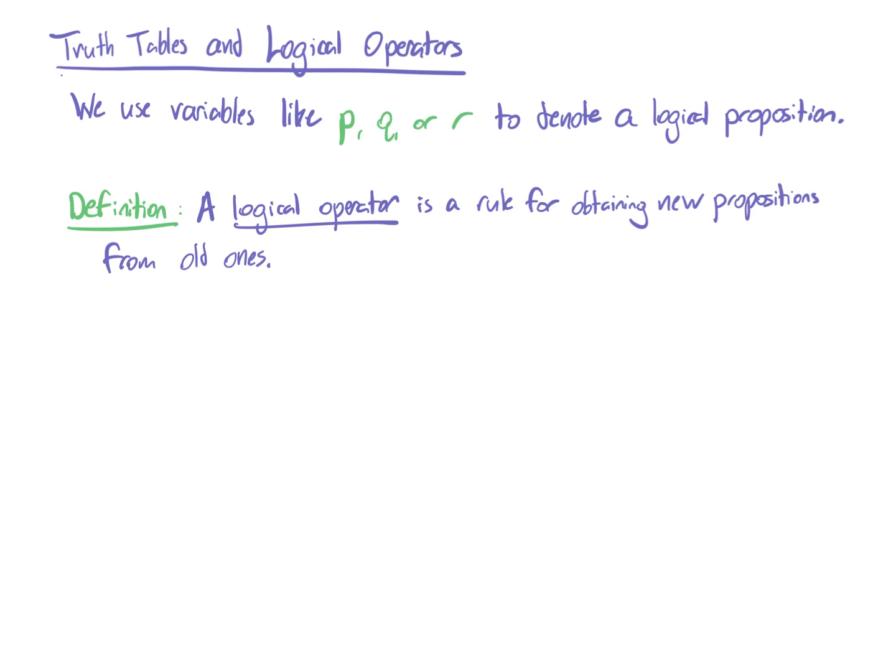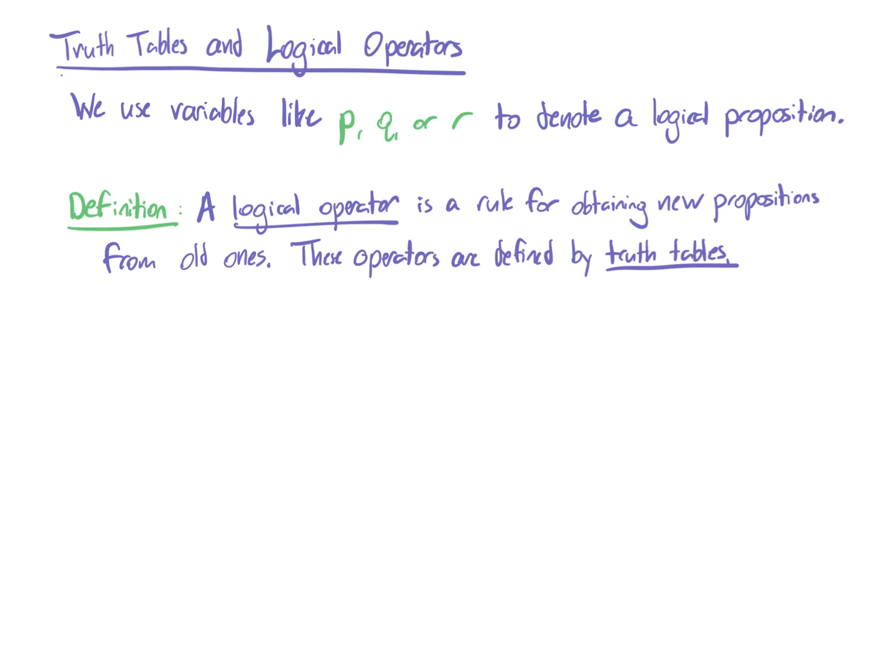And these operators are defined by truth tables. Defined by truth tables. So let's do an example.